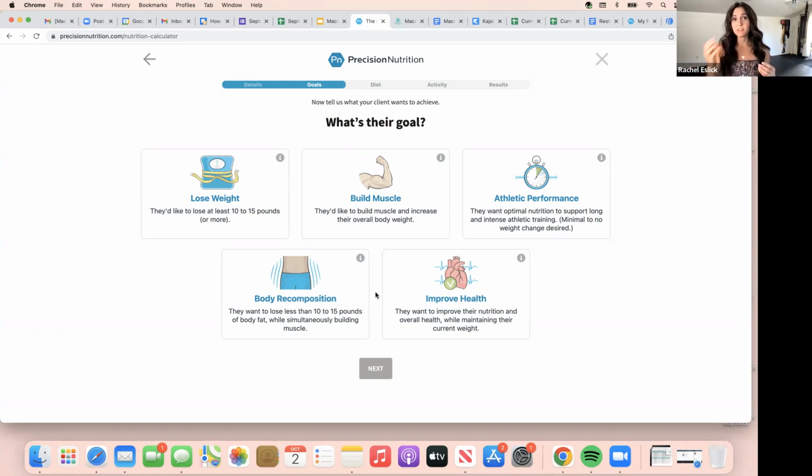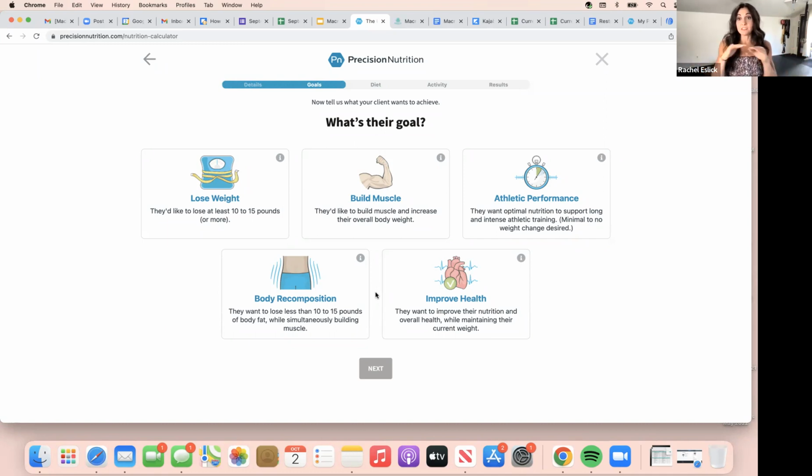So this could be like Vanessa, where you were like, I haven't weighed myself. Body recomposition might be a good one for someone who doesn't necessarily have a lot of weight to lose, but they're like, hey, I would love to lose some fat and build some muscle, and maybe my weight stays the same.